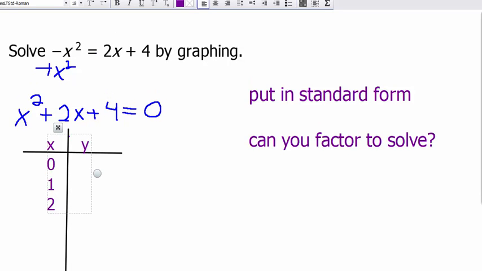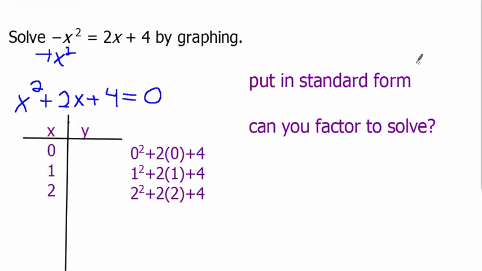Off to the side of this, I'm going to substitute these in. I'm probably going to notice when I solve these that I'm going to blow up my equation fairly quickly. This ends up being 2 squared, 4, 4, 4, 12. So these are getting larger, and I haven't come close to finding a 0 yet.